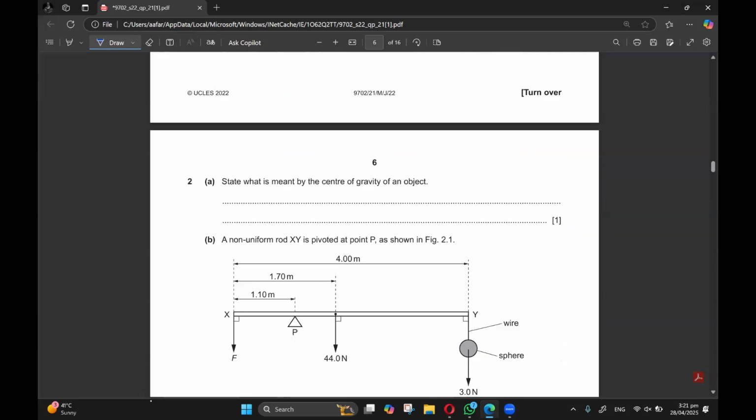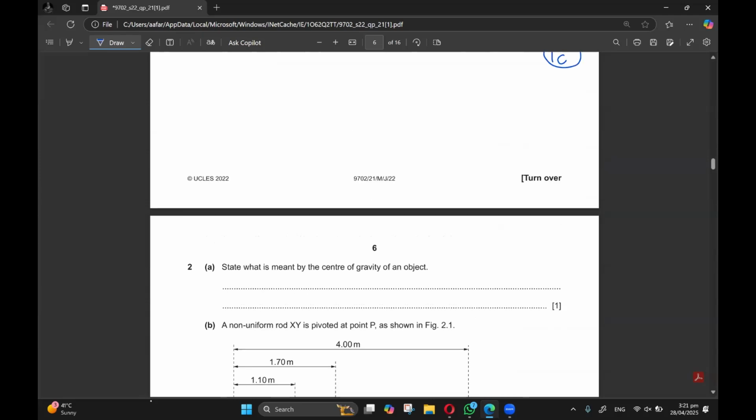State what is meant by the center of gravity of an object. Center of gravity is basically a point where the weight of the object is acting. So it's basically a point which we take to act, but the weight acts equally.